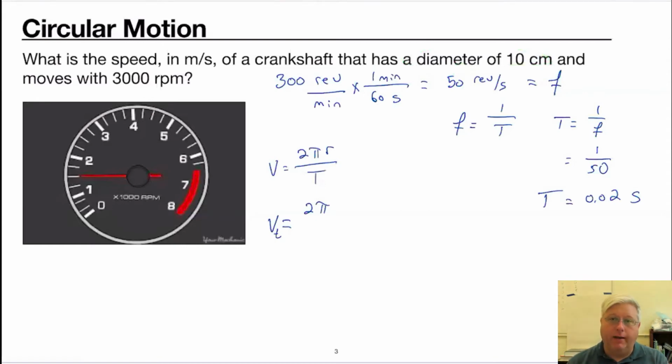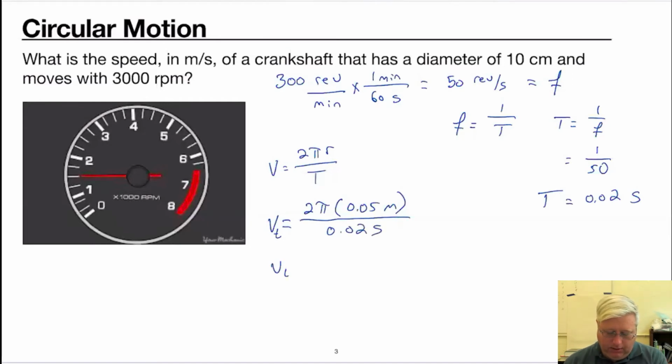We'd want to put 5 centimeters. That's a very easy mistake to make, so try to be conscious of that. And since we want to keep things in SI units, we'll turn that 5 centimeters into 0.05 meters, so we have consistent units.